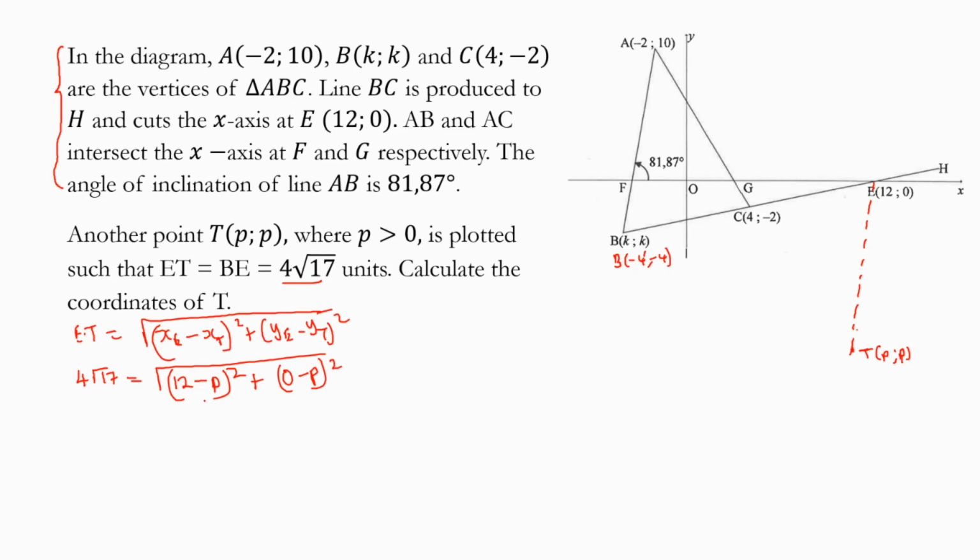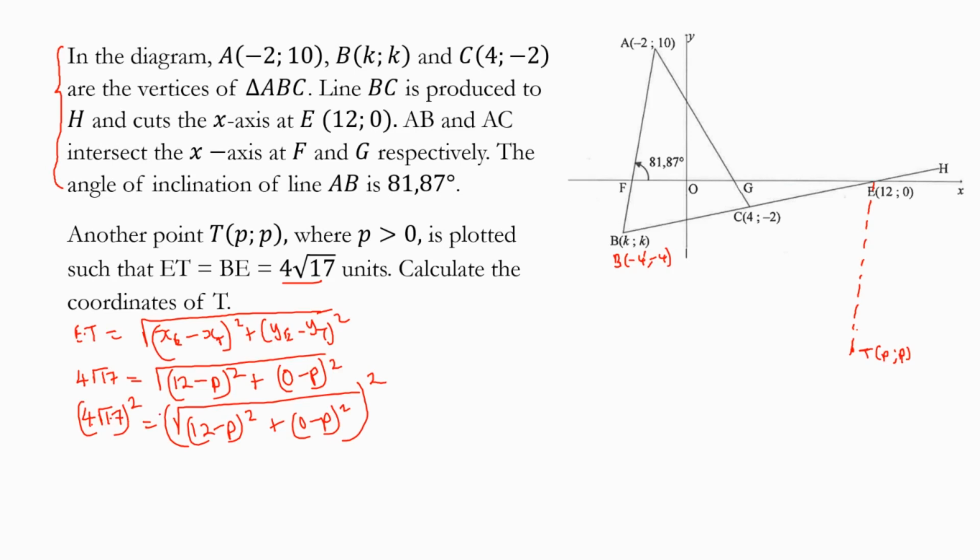Then we square both sides. So 4 root 17 squared is equal to the square root of (12 minus p) squared plus (0 minus p) squared, all squared. The square root and the square cancel each other out. We remain with 4 squared, which is 16, times 17.